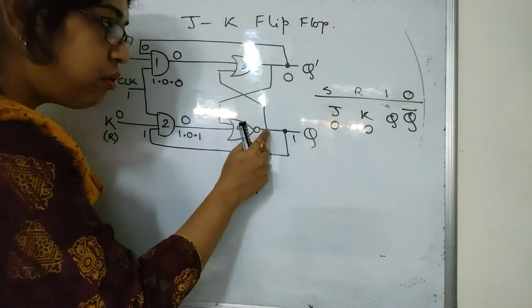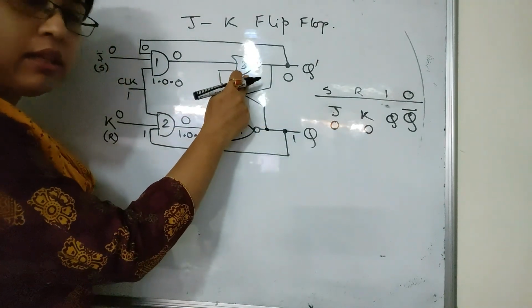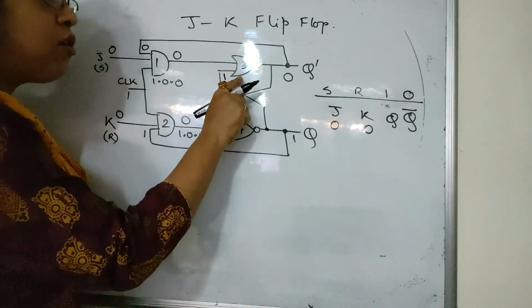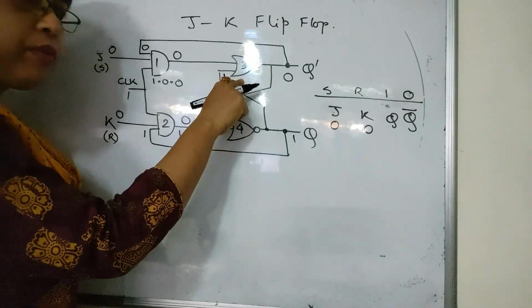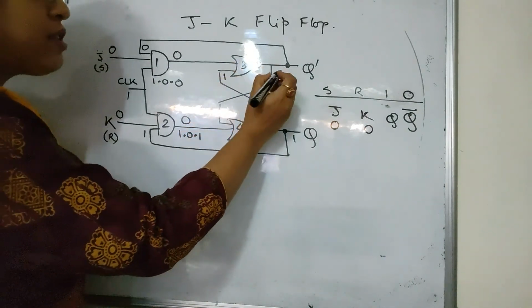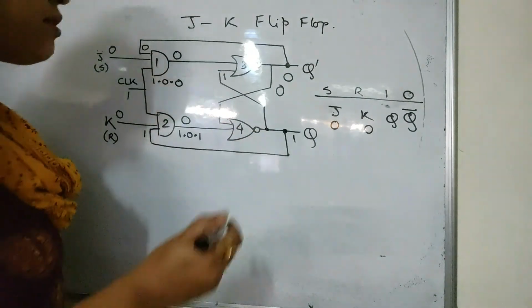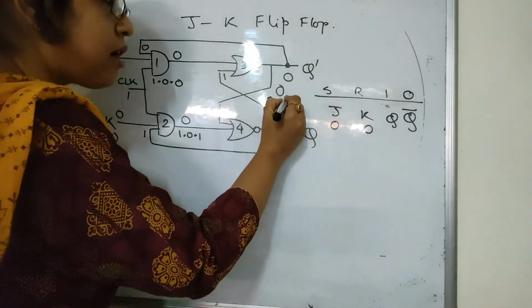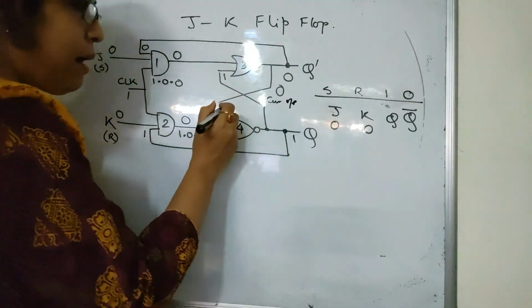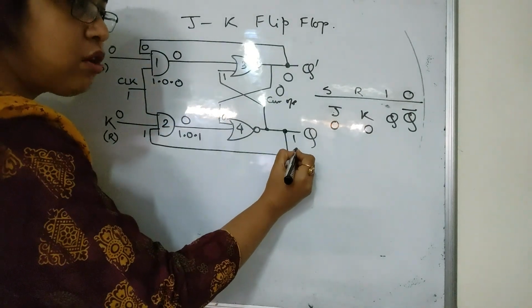This Q signal is fed back into NOR gate number 3. So we are going to take NOR gate number 3 first. What output is NOR gate number 3 going to give us? It is going to give us an output of 0. Now this 0, which is the current output, gets fed back into NOR gate number 4, and NOR gate number 4 gives us an output of 1.